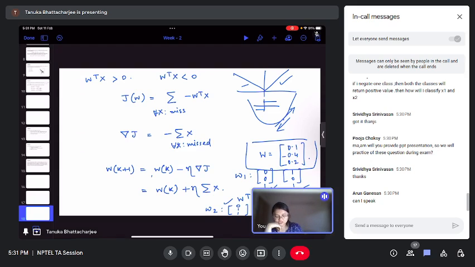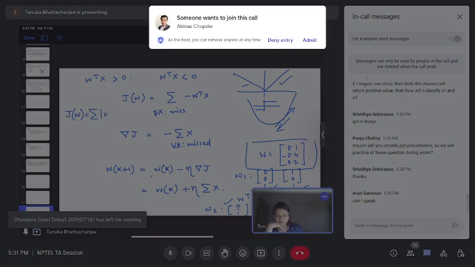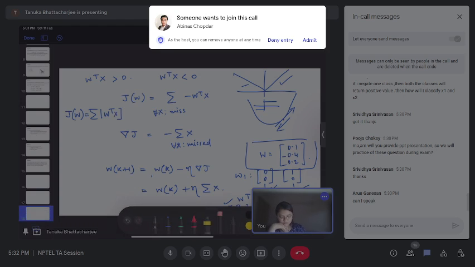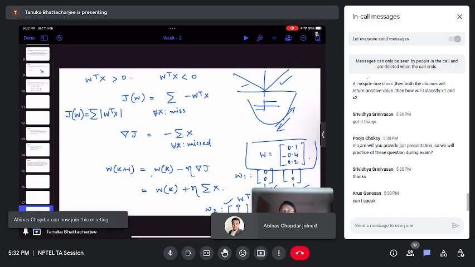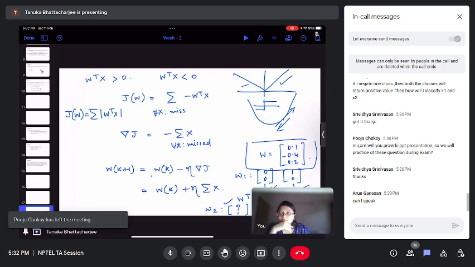So you mean to say your J of W will be summation of mod of W transpose X, right? So then in that case, I can use W of k plus 1 is equal to W of k minus eta delta J directly.